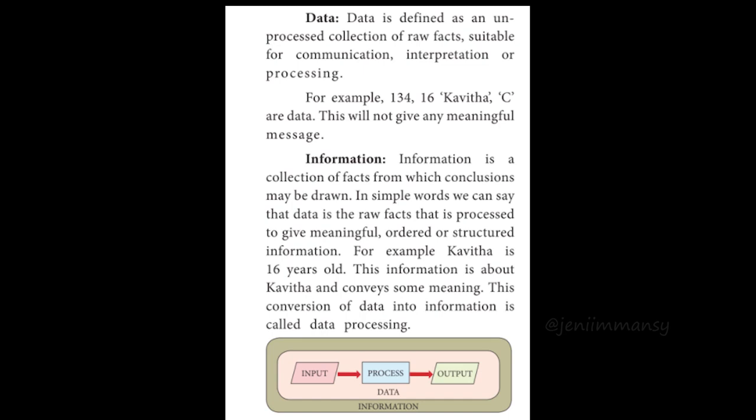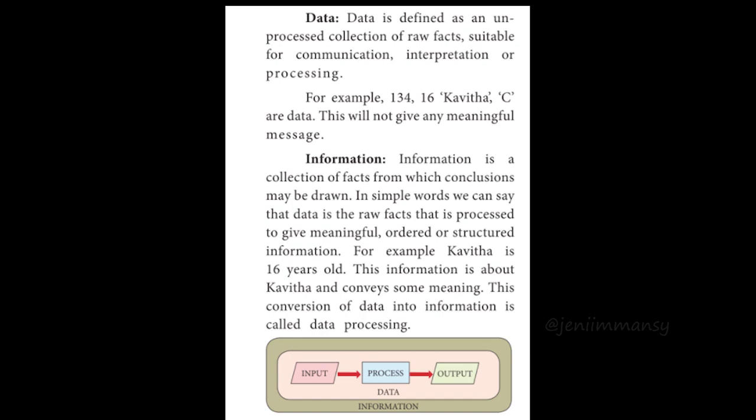Data means it is an unprocessed collection of raw data. Information, in the sense, it is a collection of facts. That means a conclusion will be made from that data. Okay, that is information. Data means it is an unprocessed collection of raw facts that will be useful for communication, or maybe for any other processing.